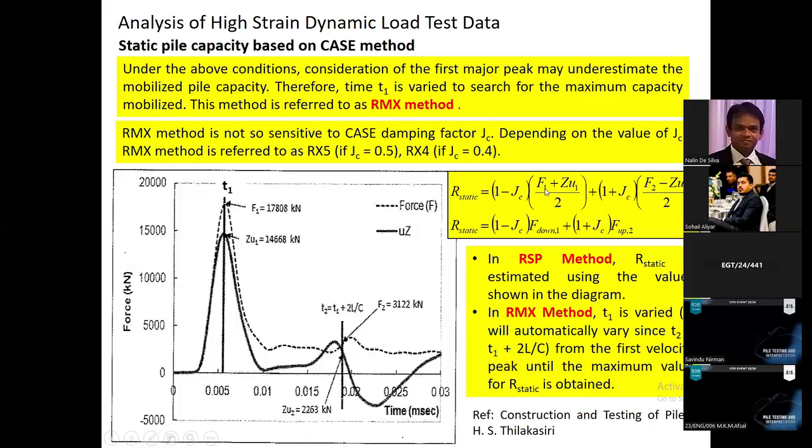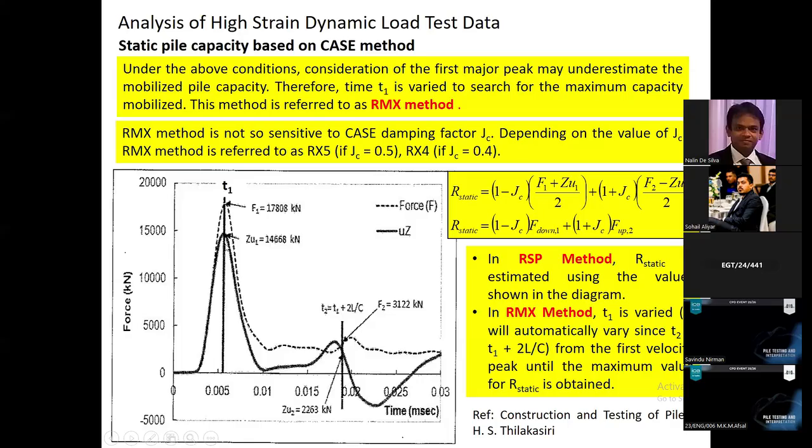Then F1 and ZU1 represent these two values. F1 means the force measured by the force record. ZU1 is the force measured by the velocity record, right? Then this represents the pile toe, so F2 and ZU2.